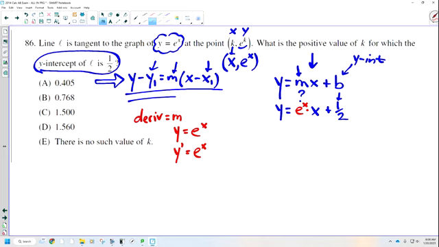But if we go back to our problem, what's the positive value of k? So it looks like there might be a positive and negative. I want the positive. But the second thing is, I don't have a k here, do I? Let's keep in mind that k is the same thing as x. So if I just solve for these x's, I have my k.